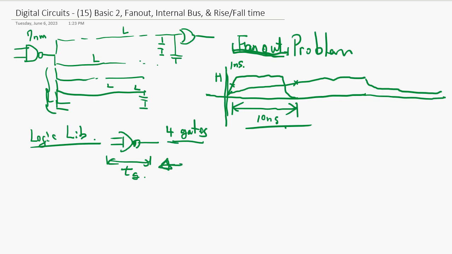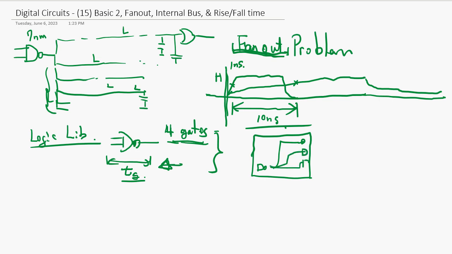This rule assumes an average of 4 gates with average wire, and then we guarantee the gate delay time, tpd. But if you have a million transistors on the die, there's no guarantee. Some wire may go all the way from here to here, and some device all the way over here.